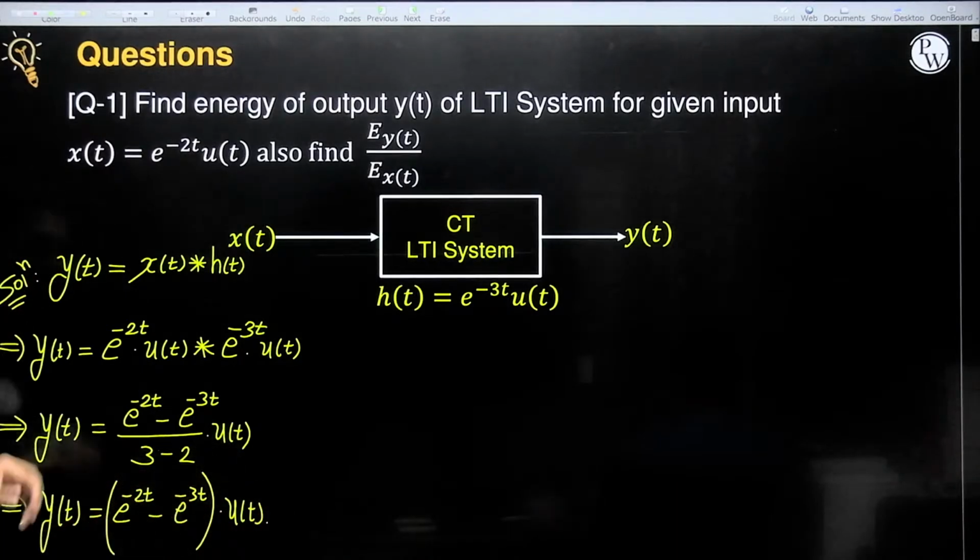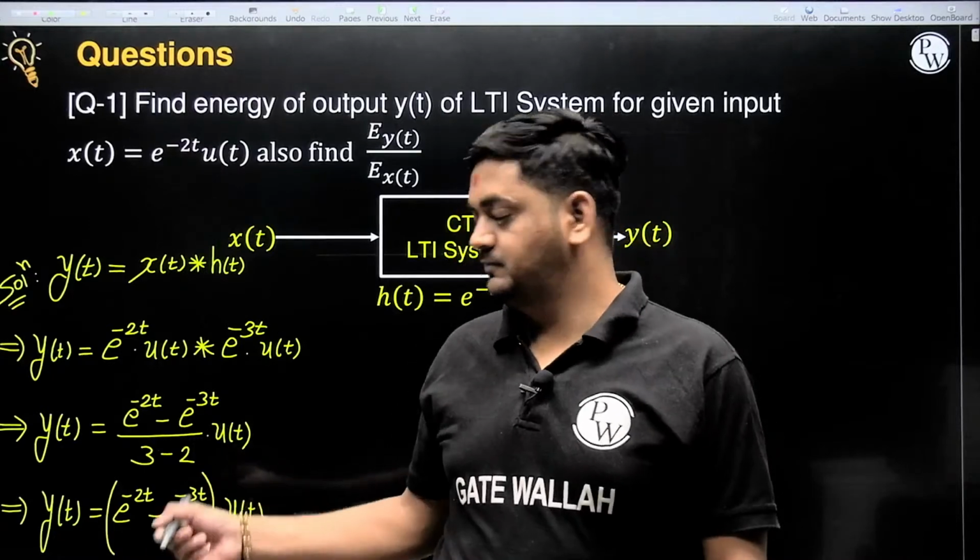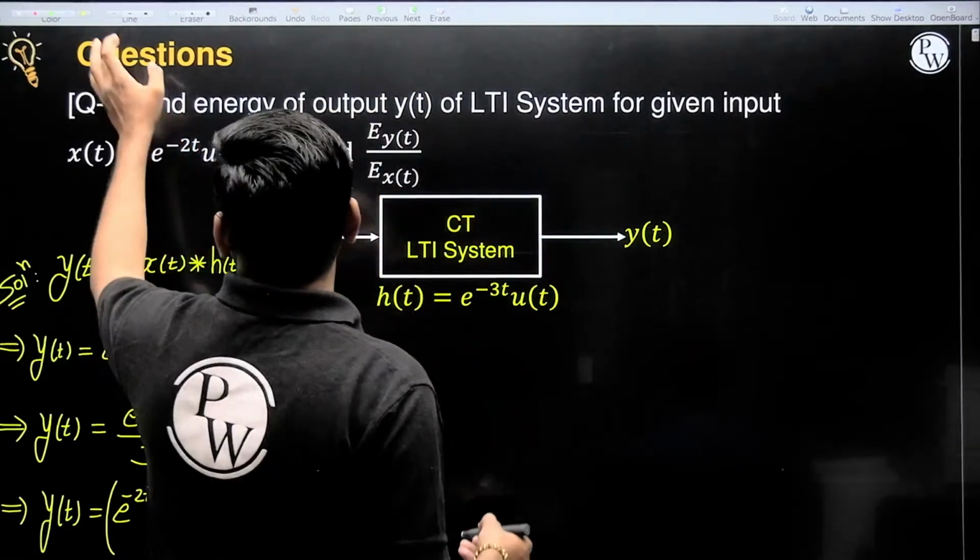This is the output. Now how to find the energy of this signal? The shortcut I provided in the first chapter. So what is the shortcut, guys?